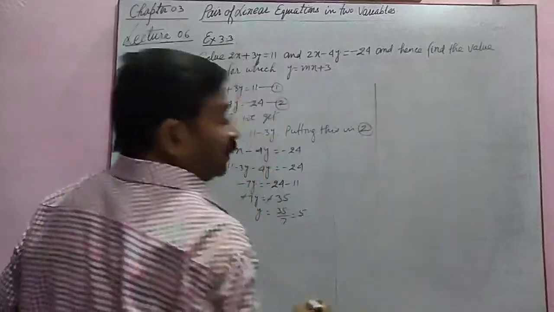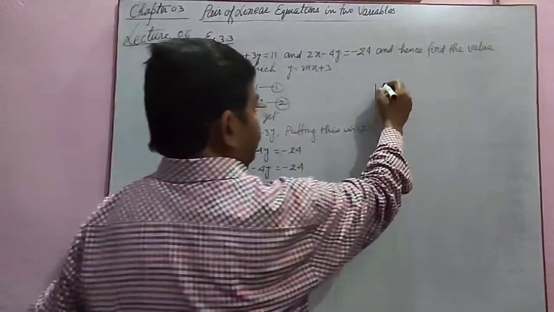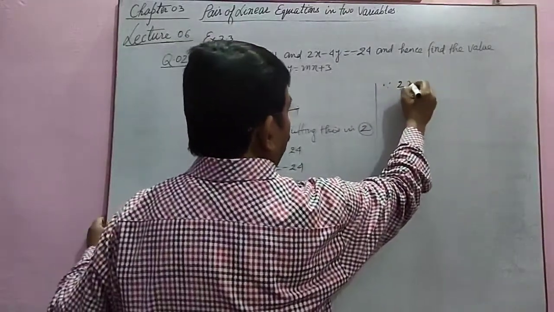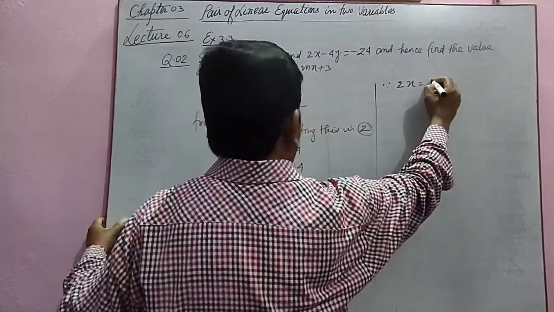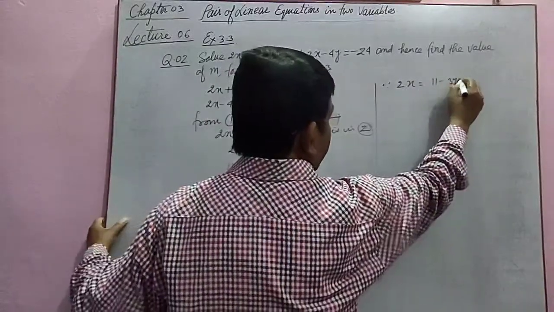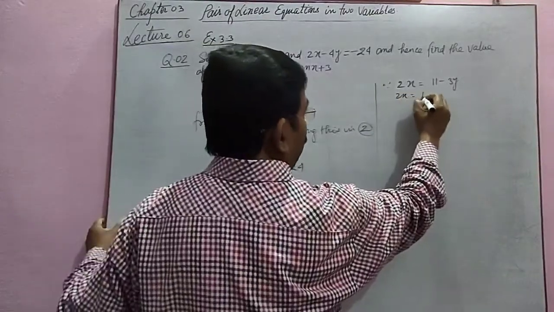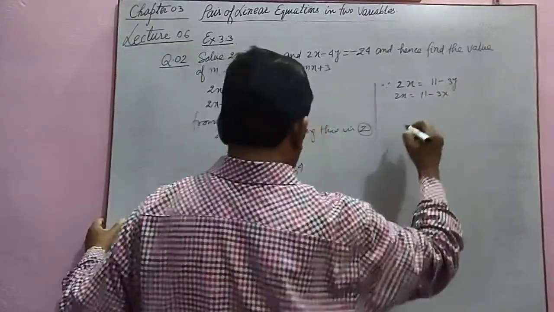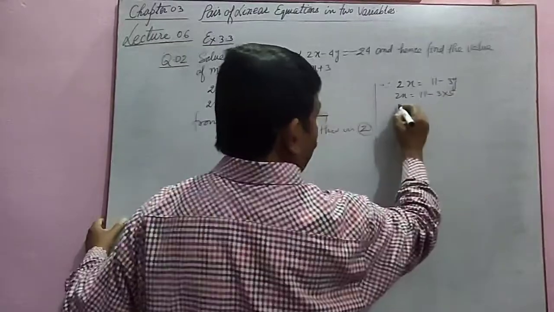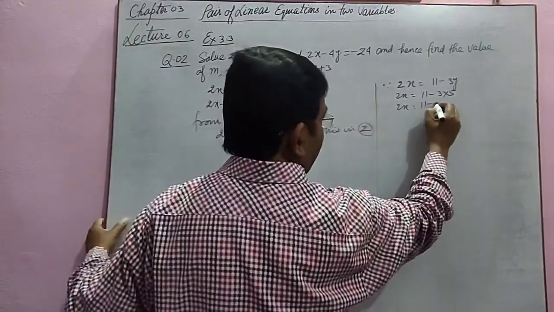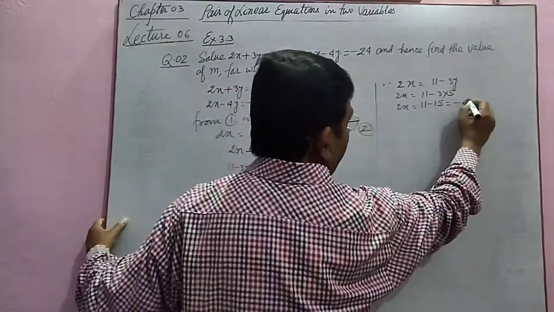Now get the value of x. Since 2x is equal to 11 minus 3y, get the value of y here. 2x is equal to 11 minus 3 into 5. 2x is equal to 11 minus 15 is equal to minus 4.